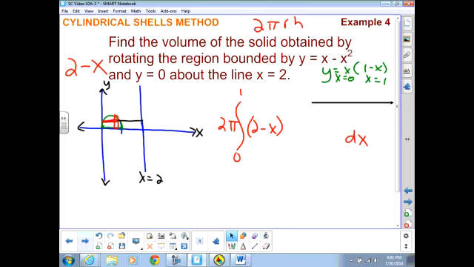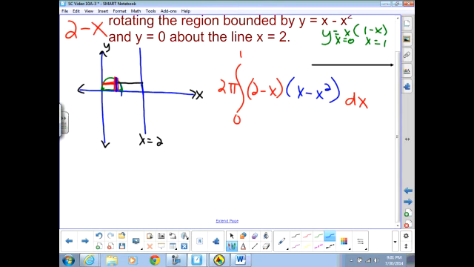Now the height of your rectangle, notice our rectangle is attached to the x-axis, so the height of our rectangle is just y. Well, we can't put y in because it's dx, so we'll have to put in x minus x squared. We are now all set up to evaluate our integral. We're going from 0 to 1. We have to FOIL out.